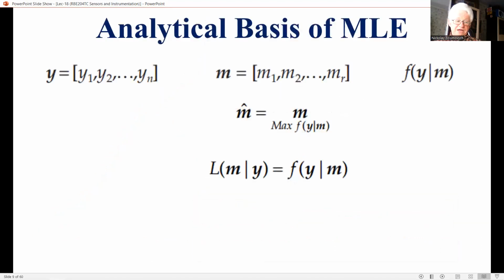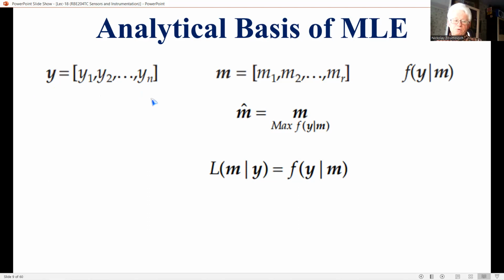Suppose that a process and a sensor with some randomness, possibly in both process and sensor, produce the following set of actual or numerical data in a random manner. So Y will be equal to y1, y2, y3, up to yn.